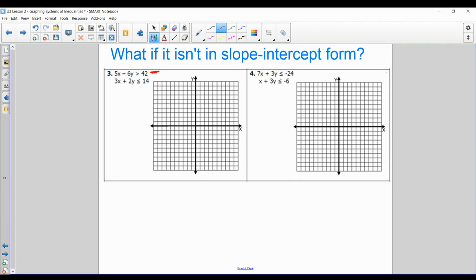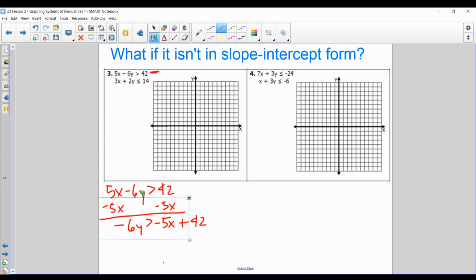So the first one, if I'm solving that for y, I'm going to move the x to get negative 6y greater than negative 5x plus 42.